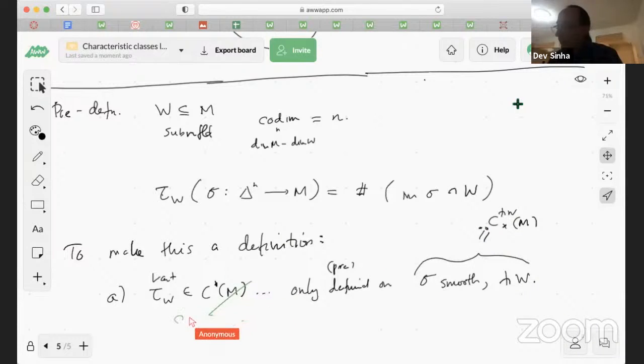It is perfectly good on the cochains transverse to W. In other words, the cochains where I'm only asking to give you a value on chains which are transverse to W. So then a proposition will need, and certainly won't do today, our theorem, is that the chains transverse to W in M, things which are smooth and transverse, well, they sit inside all the singular chains and they give a full theory. So that's a key.